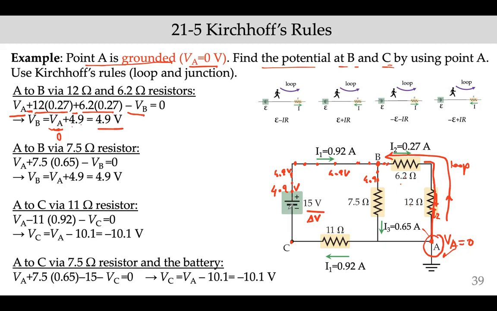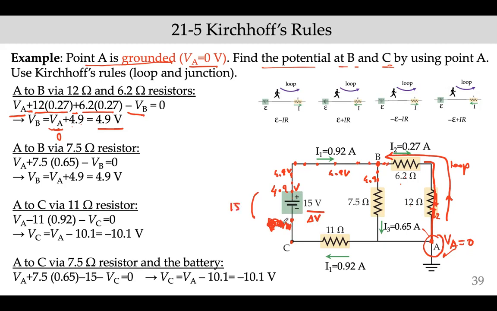Now let's find the negative terminal. If the positive terminal is at 4.9 volts, then the difference between the positive terminal and the negative terminal should be 15.